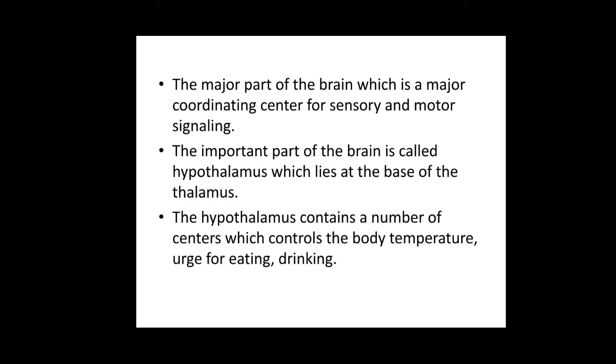In the brain, one more center is considered the major coordinating center for sensory and motor signaling. That important part of the brain is called the hypothalamus. It lies at the base of the thalamus. What are the functions of the hypothalamus?